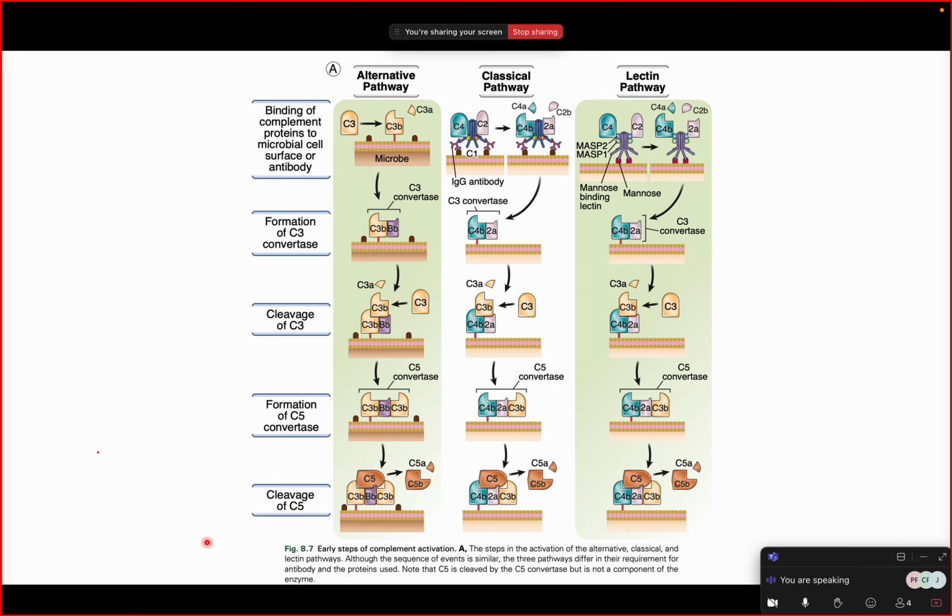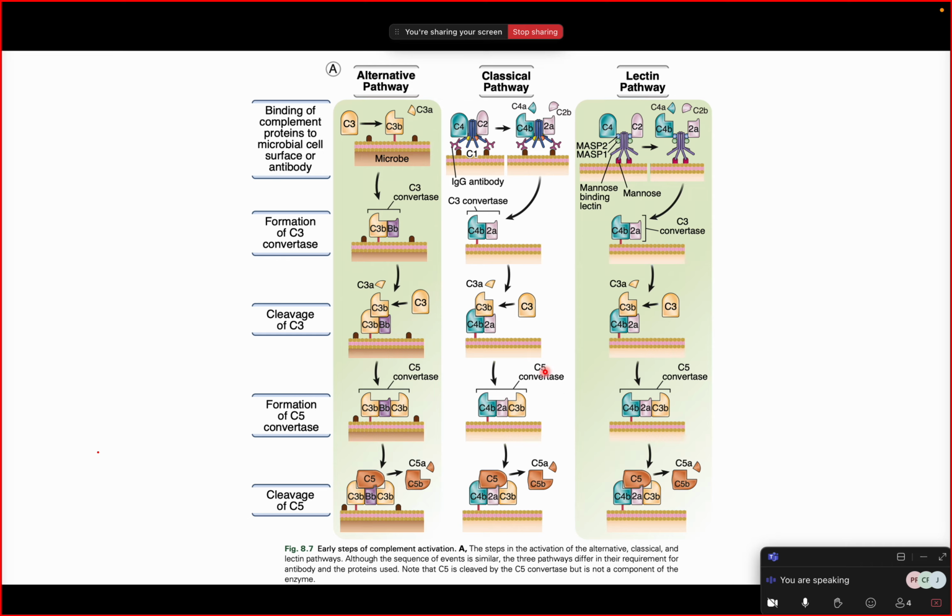How C3 convertase is being made is different in all three pathways. Next step is C5 convertase. So C5 convertase making is the same. If you remember the nomenclature, it is just the complex that will be different. So what you have to remember in this is how the pathway is being initiated, how C3 convertase is made, rest every other thing is the same.